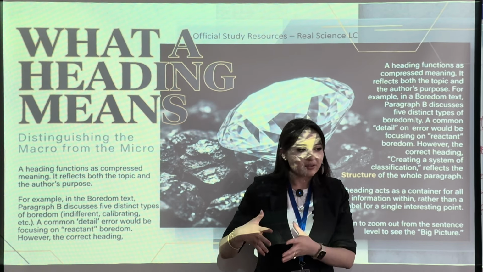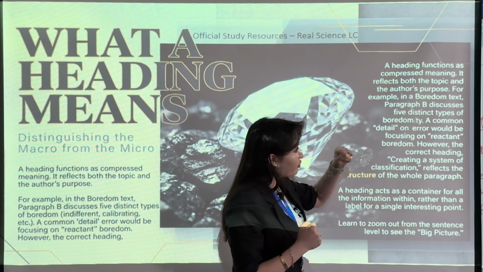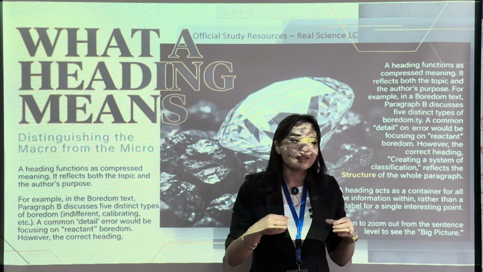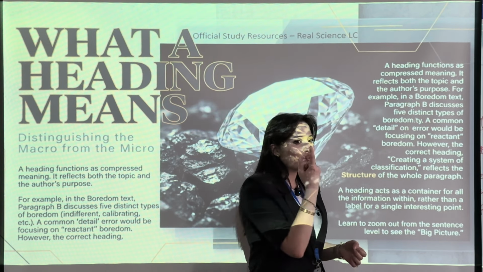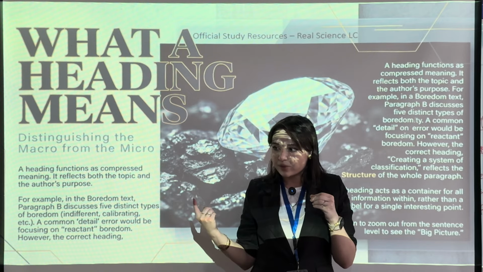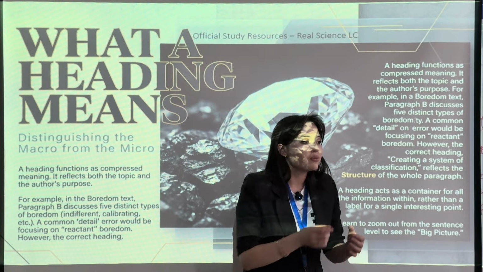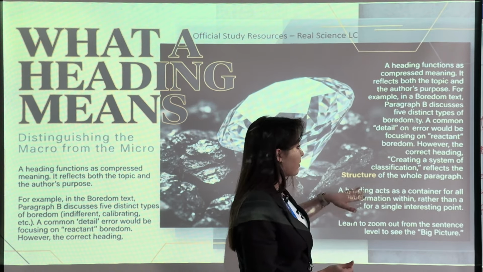Dividing into what? Into groups, right? So if you have here 5 types of boredom, the answer will probably be what? Classification, right? Not about one distinct type that is, for example, one of those 5. Exactly classification. Why? Because this is general, because this is the main idea, not about one detail only. Is it understandable here? Okay.